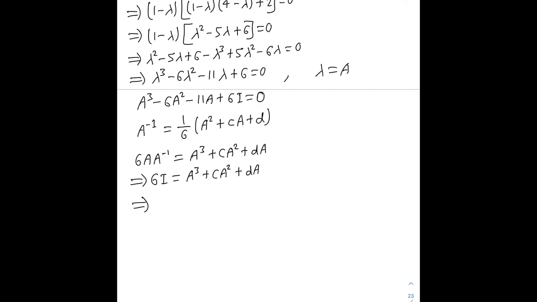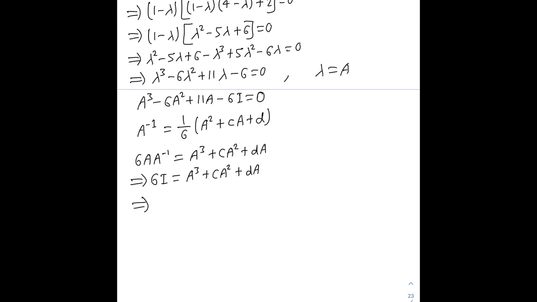Then if you transpose, because we transpose, all the terms like minus 11 lambda will become plus 11 lambda, and plus 6 will become minus 6. Yeah, this is correct. Minus lambda cube became lambda cube, and 6 lambda square, so that's fine. So according to that, even this sign will change.